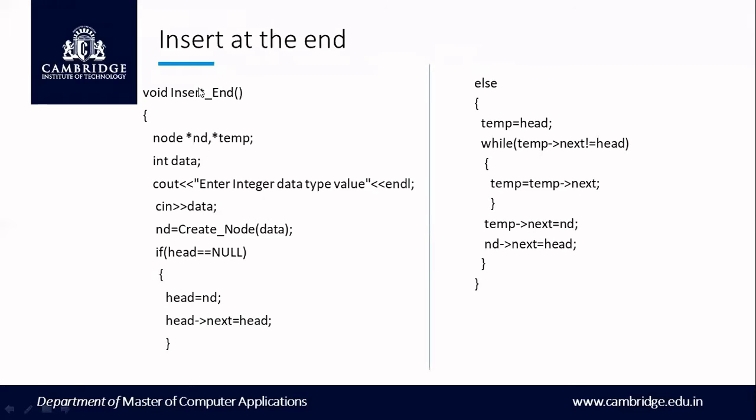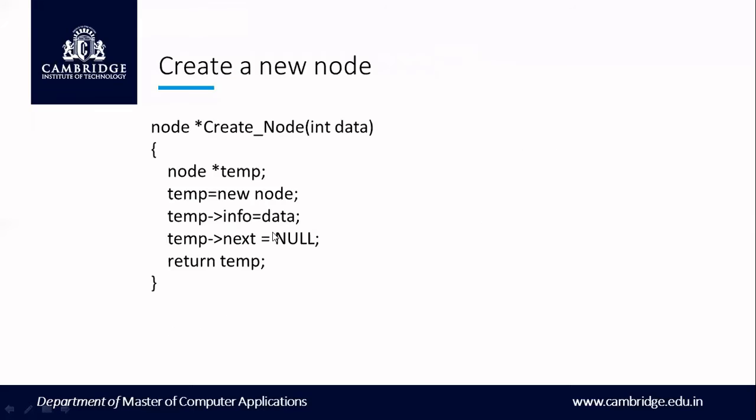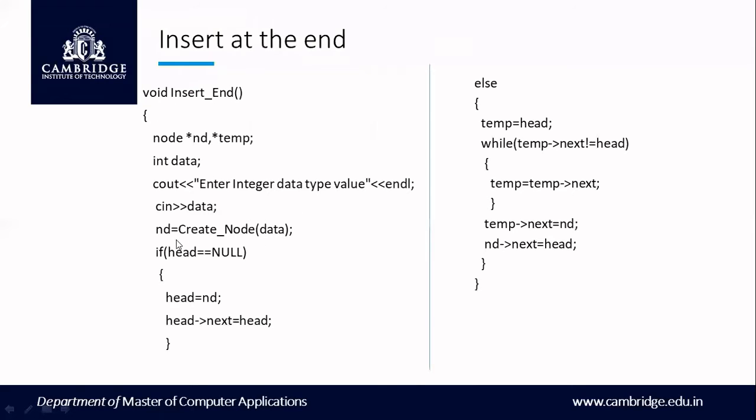This is how we insert each node at the end. First, from the user, we should get the integer data, accept it. You call the create node function by passing the data. Immediately, this function will create a node and the data will be passed into the info part and the next part will be made null.